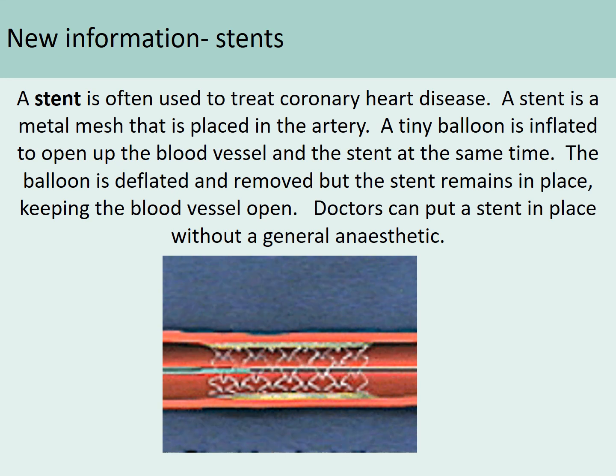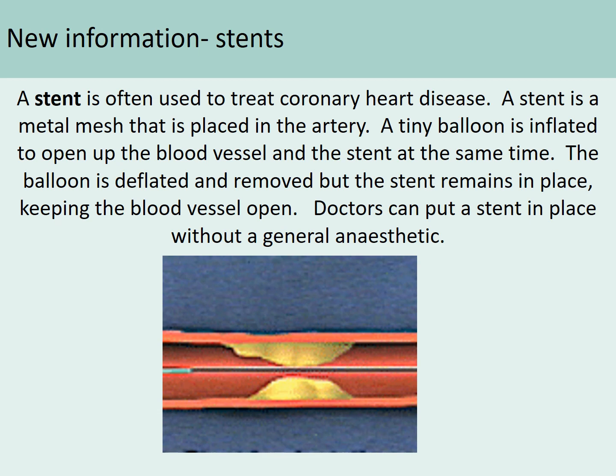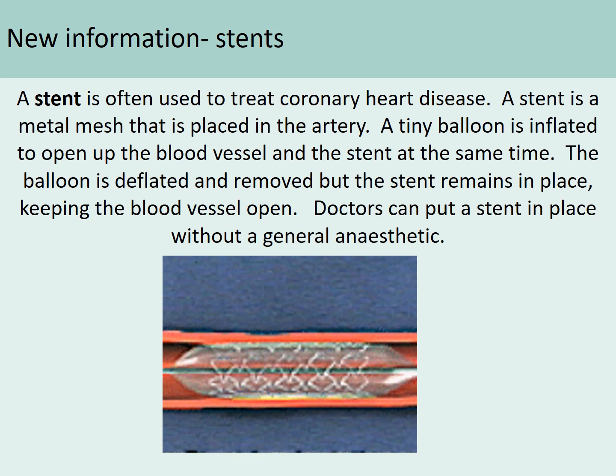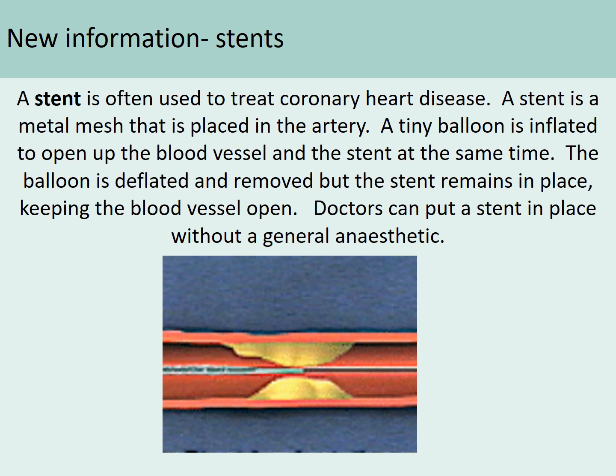And it's a very thin metal mesh that is placed into the artery. So they'll often go in through a blood vessel in your arm. They'll have a kind of X-ray picture, so the doctor can see the movement of this very long, flexible needle.